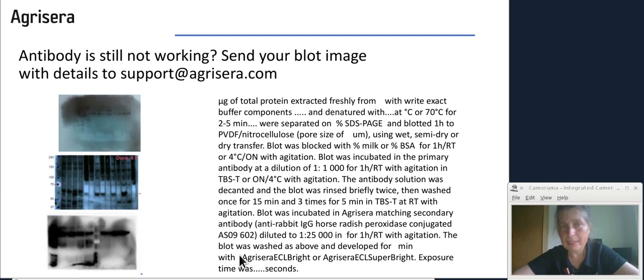If the antibody is still not working, you are welcome to send your Western blot image with all details to Agrisera Support, and we will help you to troubleshoot and find the conditions of the binding. All these details have to be provided. As you have seen in these presentations, each of them actually has importance.